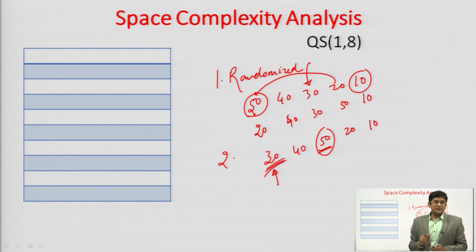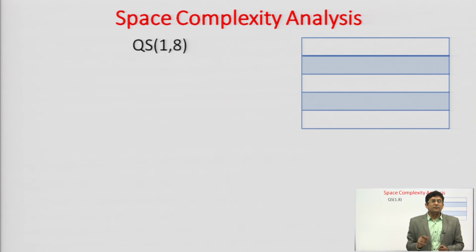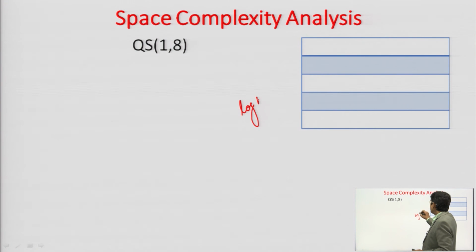Now let us think about the space complexity of quicksort. In case we are getting equal size partitions, the total time the quicksort is being performed will be log n, in fact 2 into log n, and as many times there will be activation records being maintained in the recursion stack.